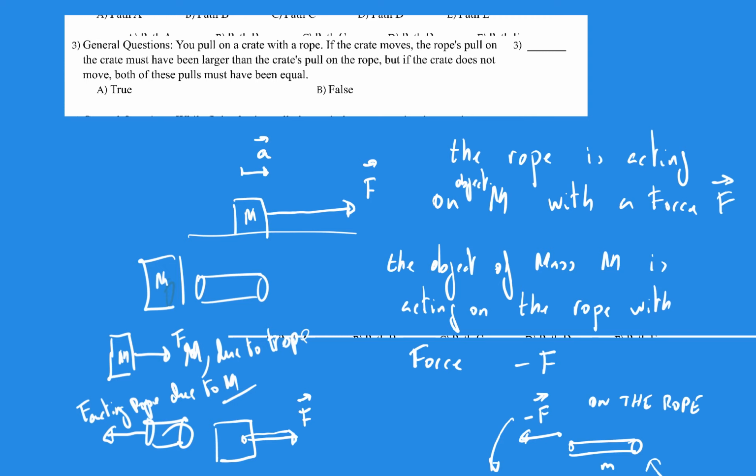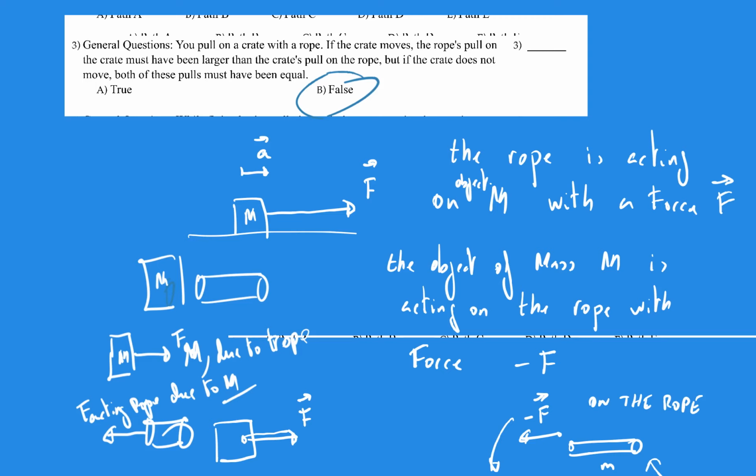But the force that object 1 is doing on object 2 is the same magnitude but the opposite direction as the force that object 2 is doing on object 1. So this is false, okay?